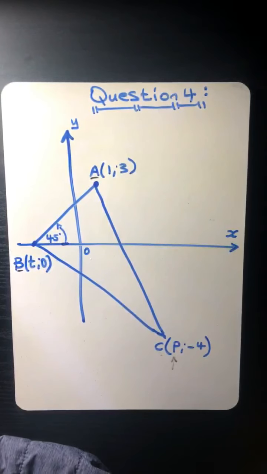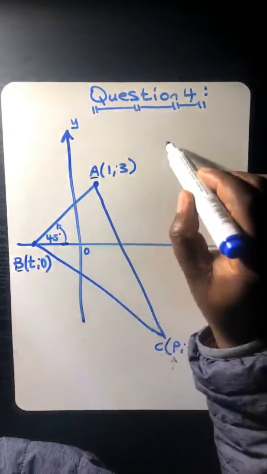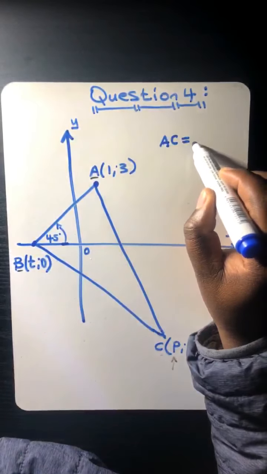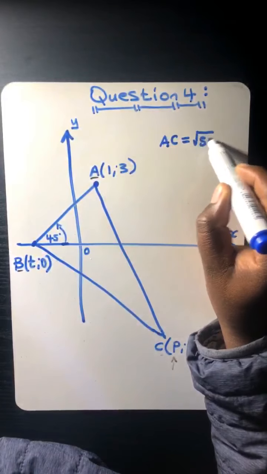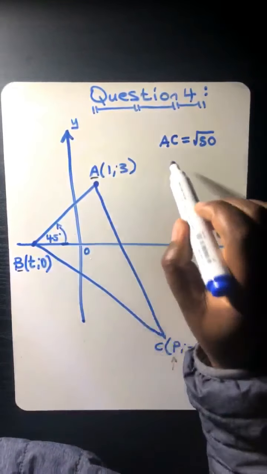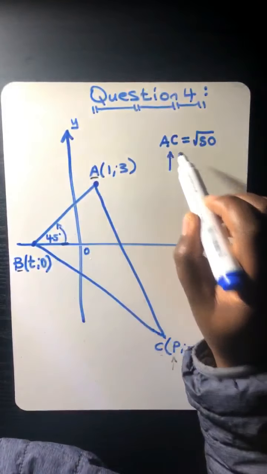Okay, so let's see. They say AC is equal to the square root of 50. So, ladies and gentlemen, something that you need to remember is that always when they give you something in capital letters, it simply refers to the length or the distance.